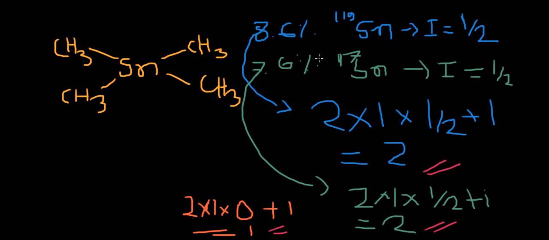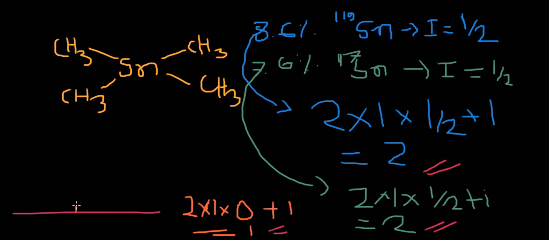So 8.6 by 2, which is 4.3%, and 7.6% divided by 2, which is more or less 3%. So the peak will be like this. And I forgot to tell you, for the spin inactive nuclei the relative intensity is higher because the abundance is much higher compared to these two.